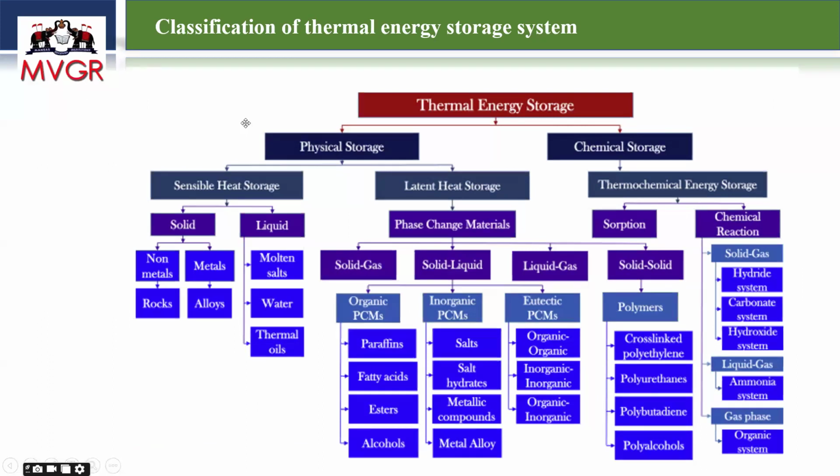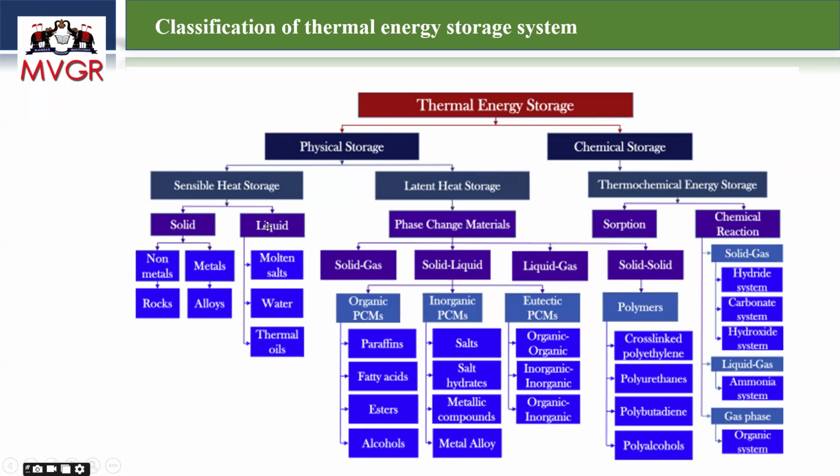So this is the classification. Thermal energy storage systems are classified into physical form and chemical form. In the chemical form, we have the thermochemical energy storage system. In the physical form, we have the sensible heat storage system and the latent heat storage system. The sensible heat storage system is again classified into two ways: solid and liquid.